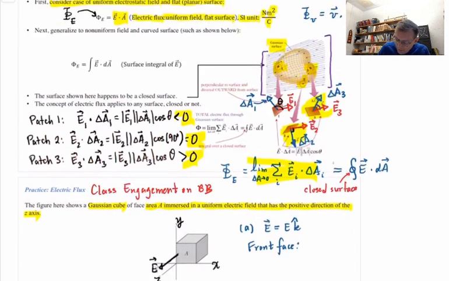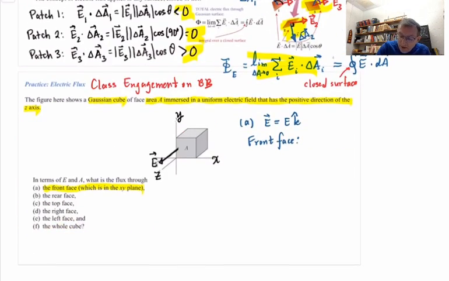Now you could imagine a bunch of little dA's, but since it's a uniform field and a flat surface, I can just do a whole A vector for the whole front face. What's the A vector for that part of the cube?